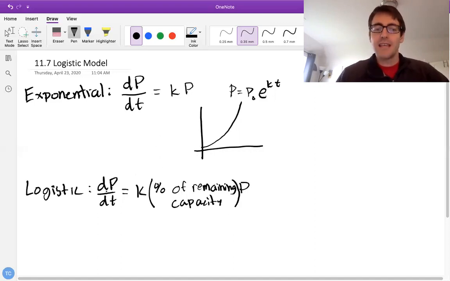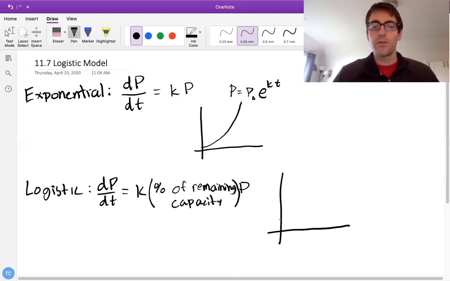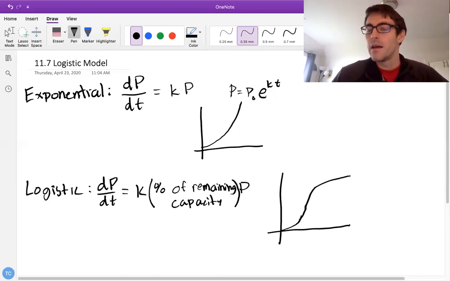Anyway, the fundamental idea behind a logistic model is that our rate of change isn't just governed by the population, it's also governed by how much room there is left in whatever we're talking about. We're going to skip over some of the pieces of how to solve this, but the solution that we get is always going to start off looking like an exponential, but then at some point it's going to flatten out and approach some limiting factor.